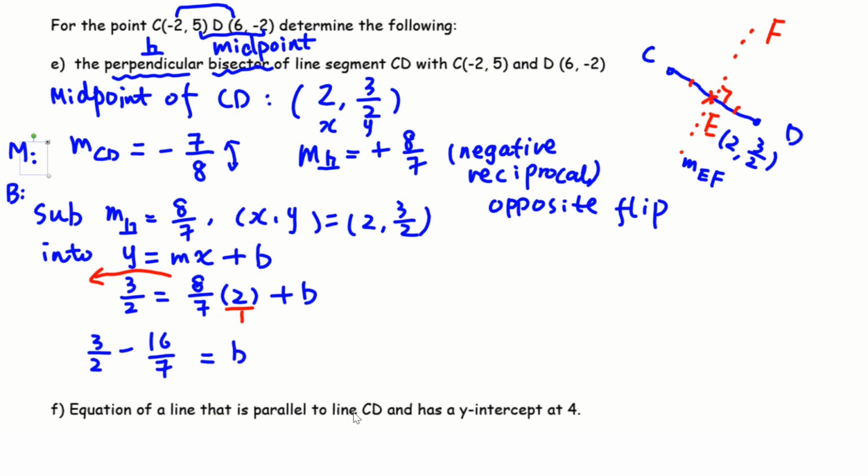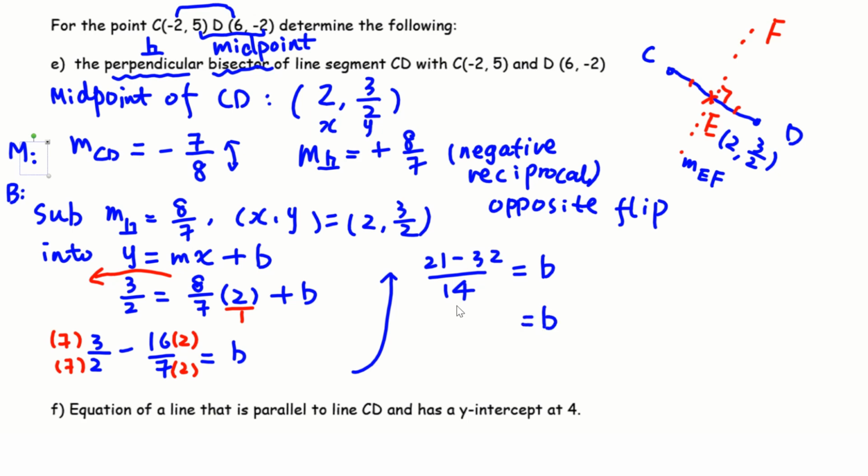The common denominator will be 2 times 7, which is 14. So we multiply numerator and denominator accordingly: 7 times 3 is 21, 16 times 2 is 32. Then we have the b value is negative 11 over 14.